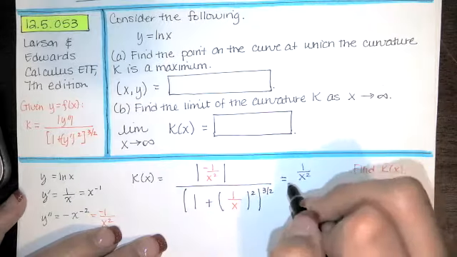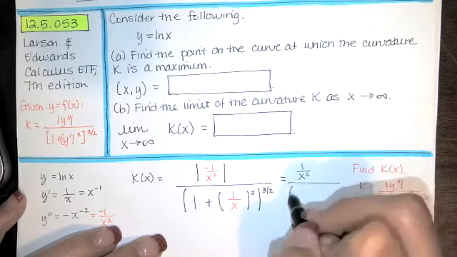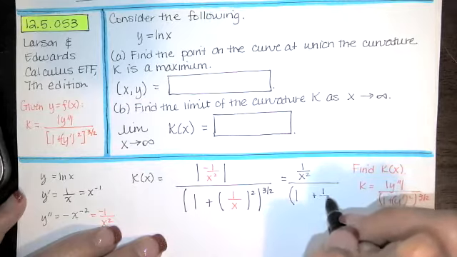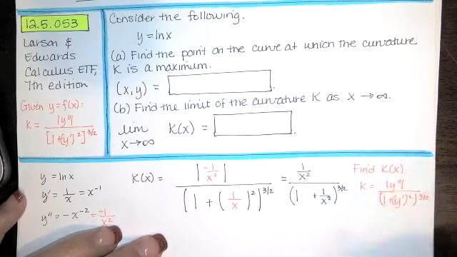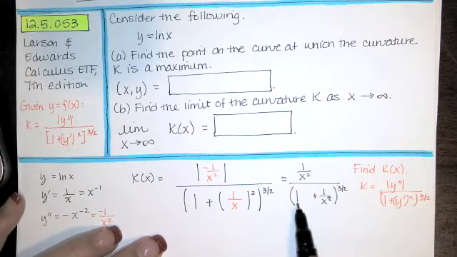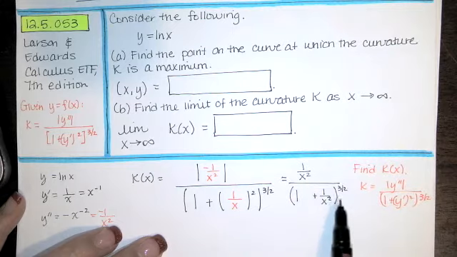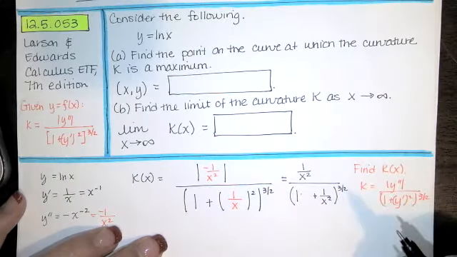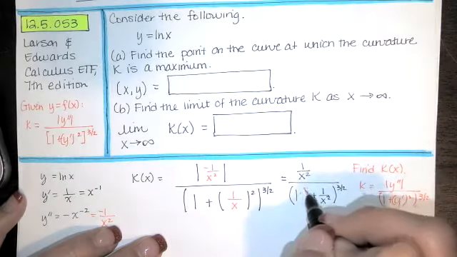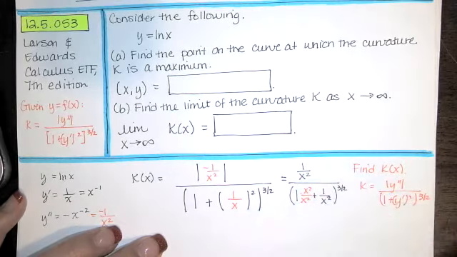And then, of course, when we simplify this fraction here, we'll square the numerator and denominator. So we'll have 1 over x squared there to the 3/2 power. Now, inside this set of parentheses, where I've got this expression to the 3/2, I might want to get a common denominator. So I'll write that as x squared over x squared.